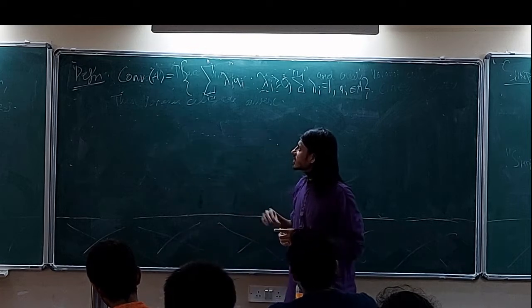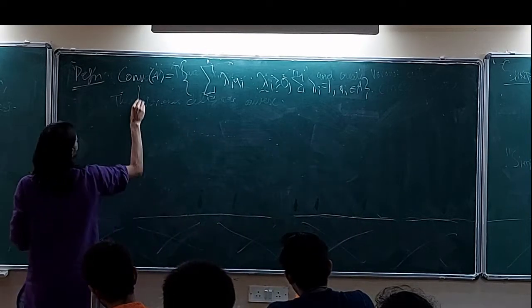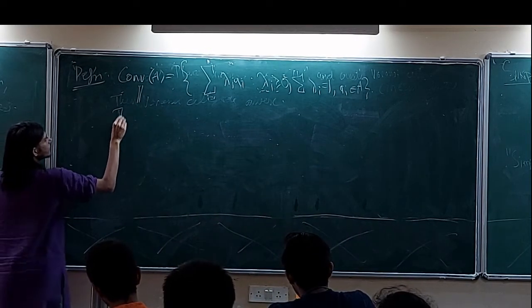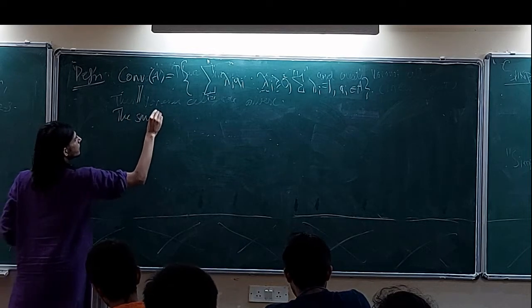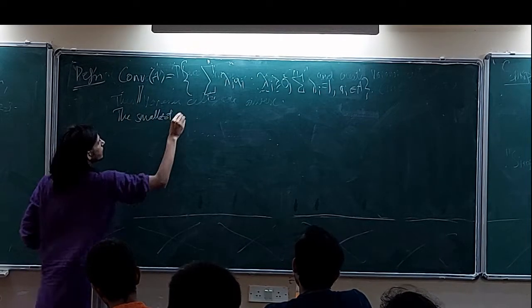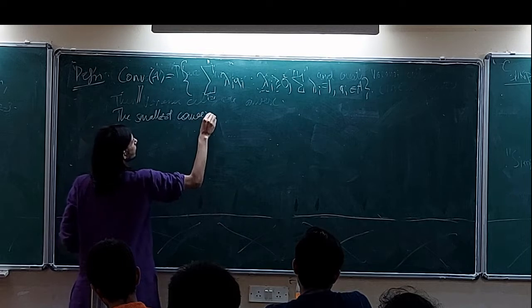So the convex hull is also the smallest convex set containing A.